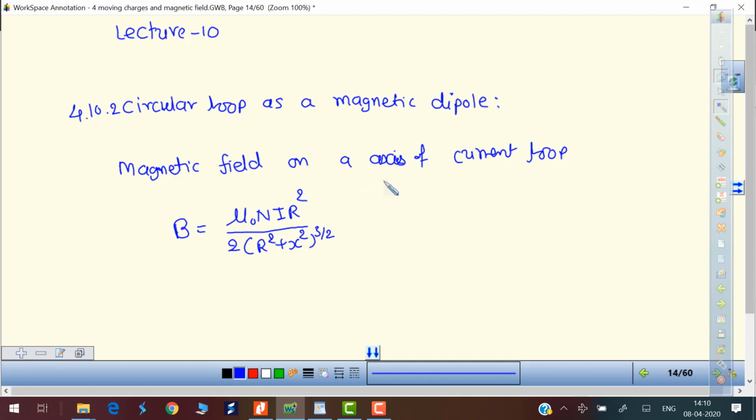For origin of the magnetism, the elemental part is the magnetic loop, current loop. And we will show that the magnetic field of this loop for a large distance is very similar to the electric field of electric dipole on its axis.